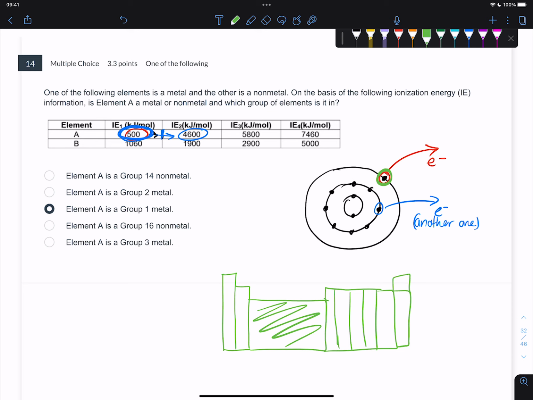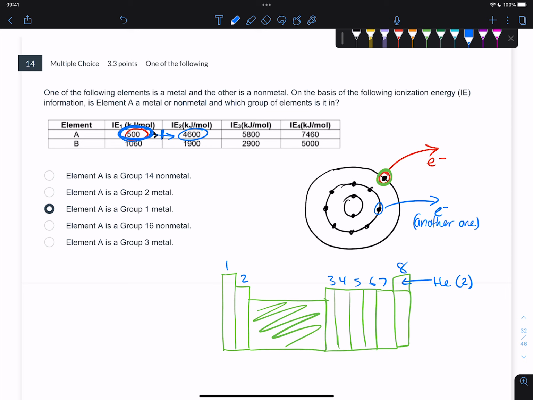You can count the number of tall columns. Those are called the main group elements, and that tells you how many valence electrons there are. 1 valence, 2 valence, skip the middle, 3, 4, 5, 6, 7, 8, with the exception of helium, which only has 2 because it's so tiny. But everybody below helium, so neon, argon, all that, have 8.